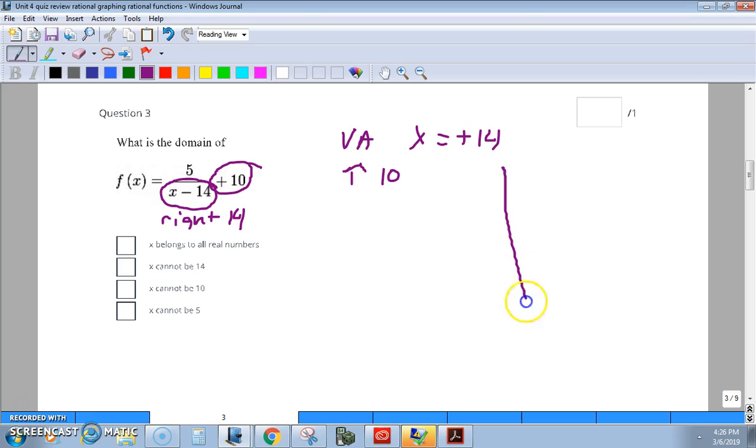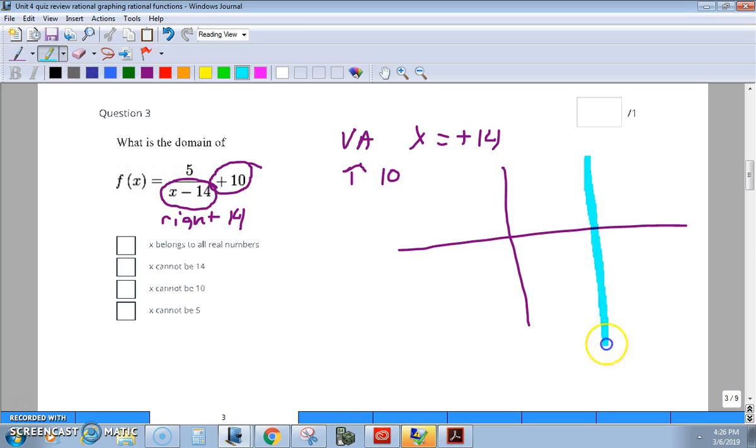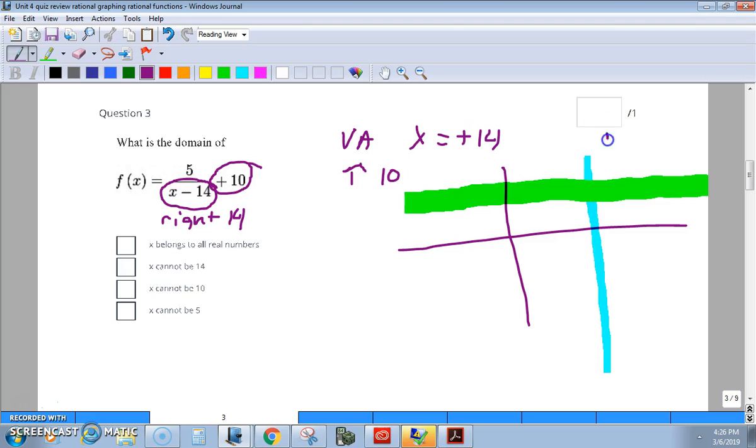So this function is going to look something like, let's see, if we make our vertical asymptote be 14, so let's say this is x is 14, and let's say this is y is 10, then our function is going to look something like this, right?